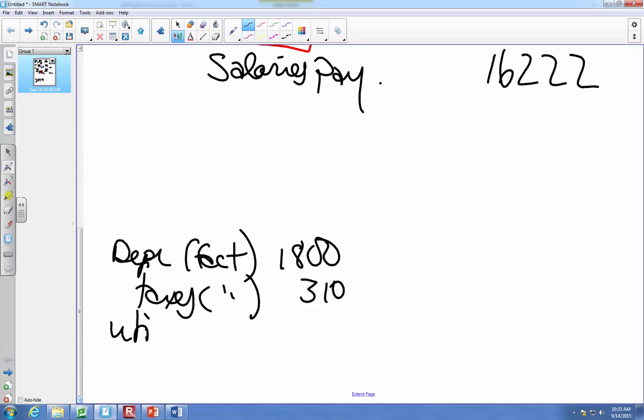Utilities on my factory, $39.40. Depreciation on my factory, $1,800. Taxes on my factory, $310. Utilities on my factory, $39.40.